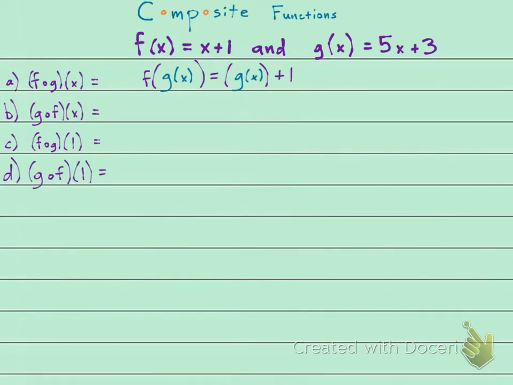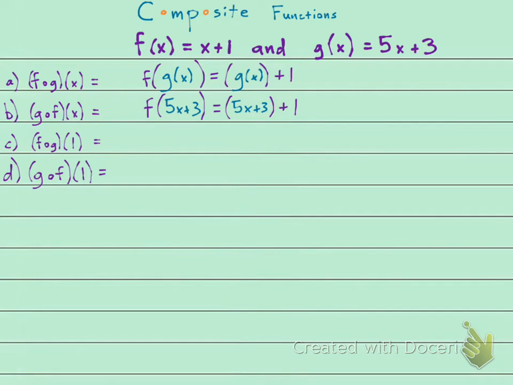All right, next step, let's replace the g of x with what g of x is, and we see that it is 5x plus 3. So I want the f of 5x plus 3, which equals 5x plus 3 plus 1.